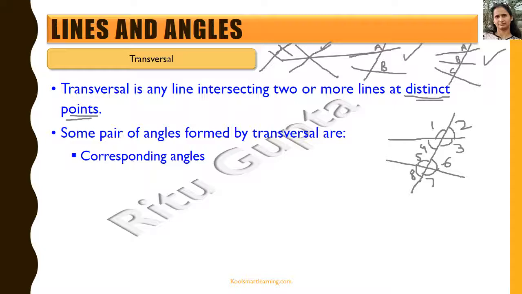The first set is corresponding angles. In this case, angle 1 and angle 5 are corresponding angles.